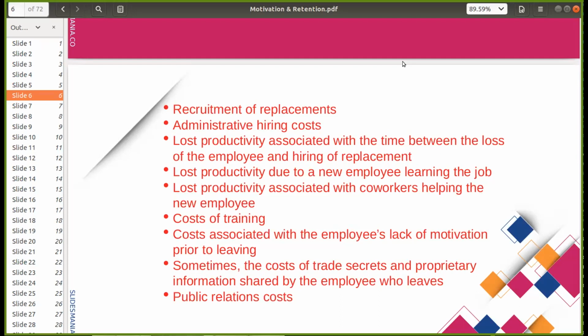And then sometimes the costs of trade secrets and proprietary information shared by the employee who leaves. So yung mga information about the company or strategies na ang company lang ang nakakaalam ay na-share niya doon sa nilipatan niya. Okay, pwedeng doon sa nilipatan niyang company na bago.